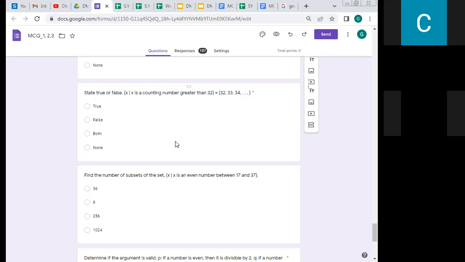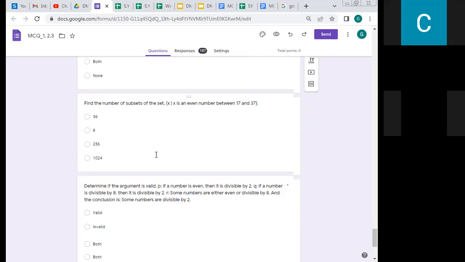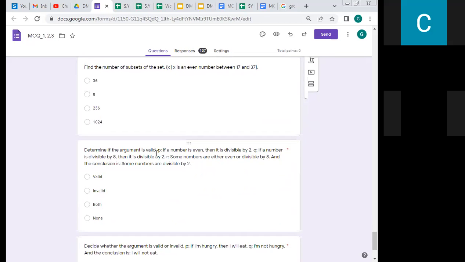Clearly mentioned that it is greater than 32. If it is said that X is greater than or equal to 32, then it will start from 32. Okay. So this statement is also a false statement. Second option is the answer here.